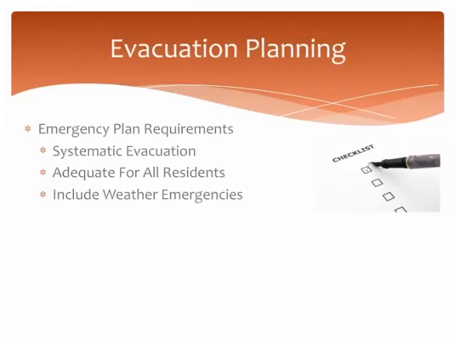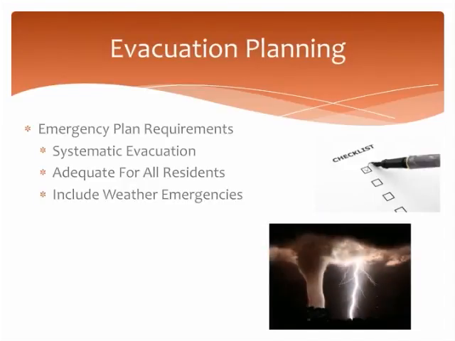The most likely weather emergencies in Wisconsin are tornadoes, flooding, and blizzards. Assisted living houses must have an interior room or hallway where residents can take shelter during a tornado. Utilizing a checklist is extremely helpful to account for all residents.